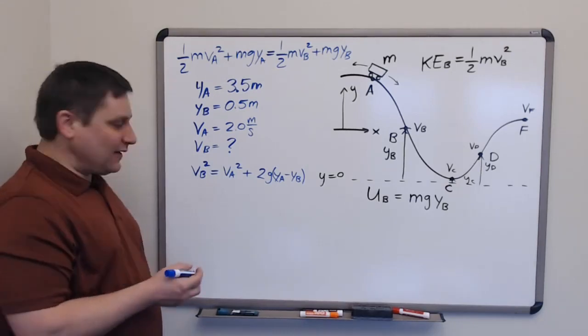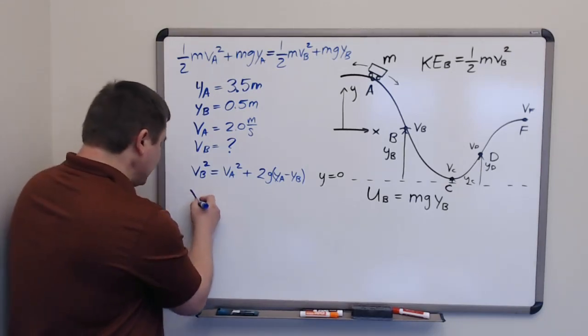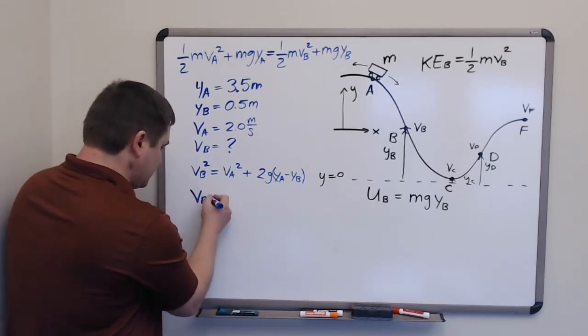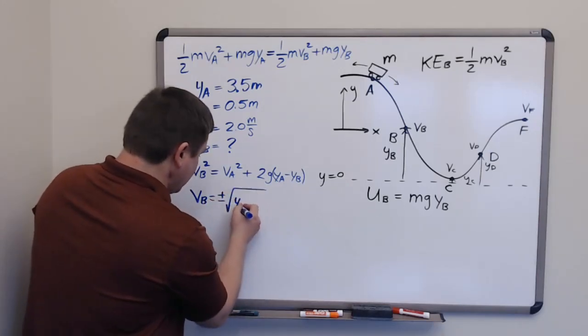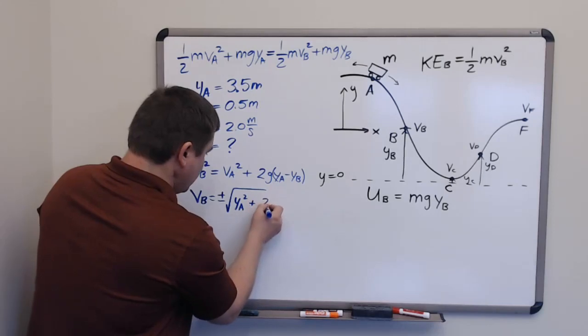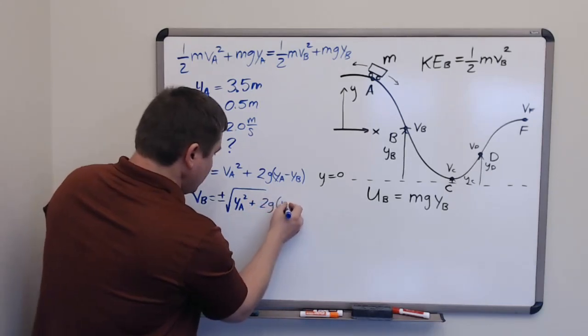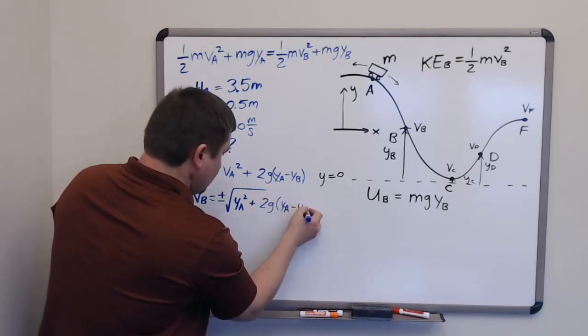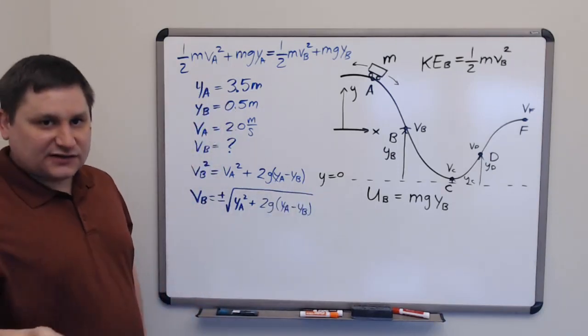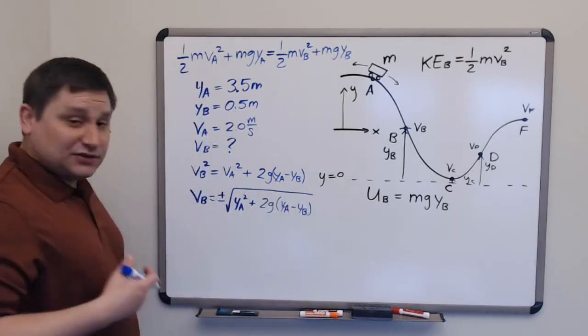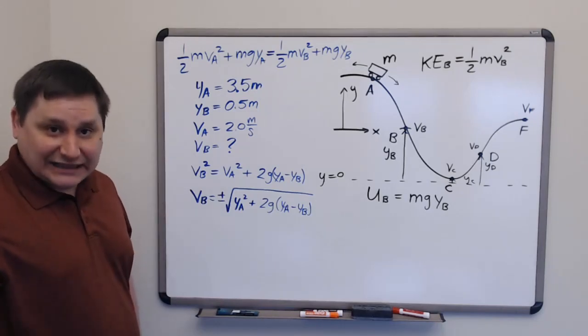So to solve this now, I just have to take the square root of both sides. But remember that when I take square roots, I lose information about signs.